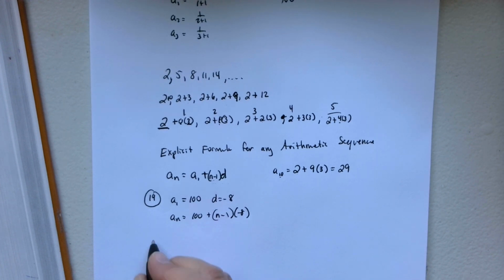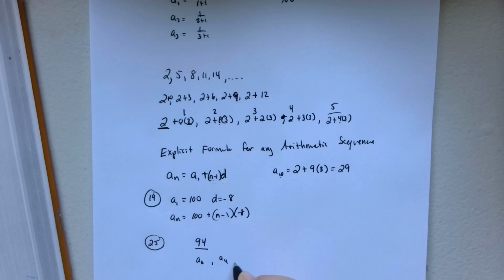Number 25 is a lot more interesting. In 25, they're telling us the third term is 94. I'm going to write that down here. And then they're telling us the sixth term.